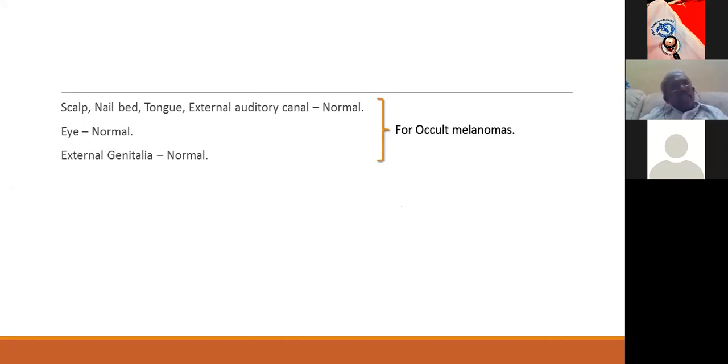These are areas which are a little uncommon. You tell in a single line: sir, I looked for non-conventional areas to locate any other associated focal melanomas. I could not find any. If the examiner asks you, then you can tell this.